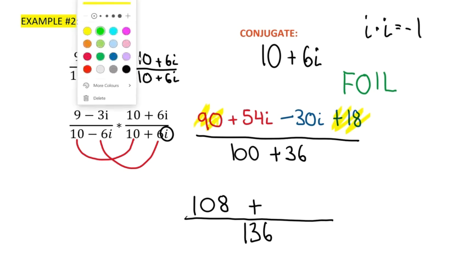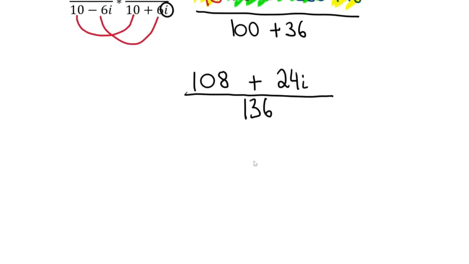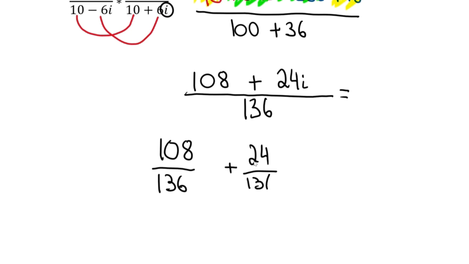Plus, well, what else do we have here? We also have the imaginary parts that need to combine. 54 minus 30 is going to give us 24i. So there we have our answer, but we still need to simplify. And we know that when we simplify, we must simplify 108 over 136 plus 24 over 136i.